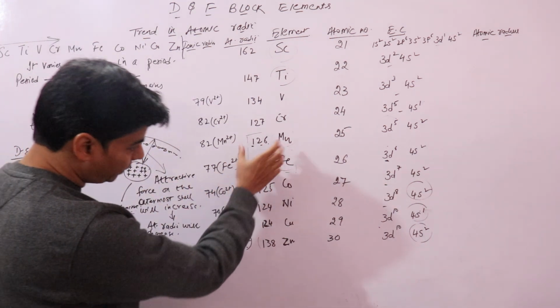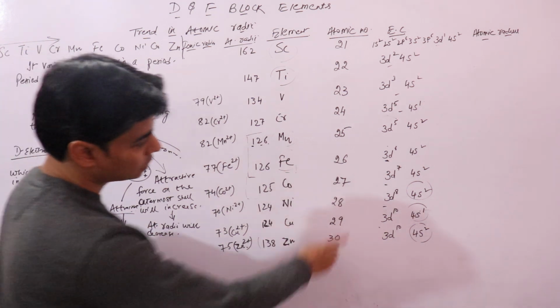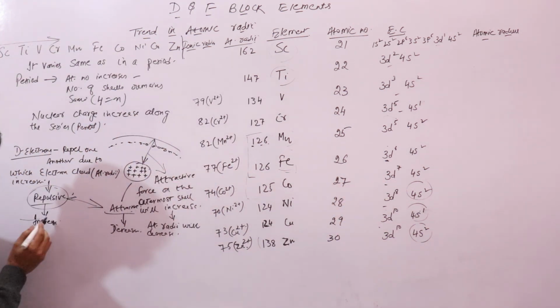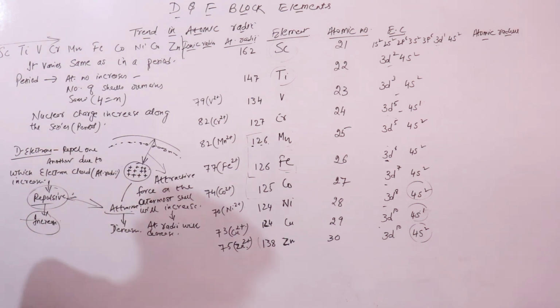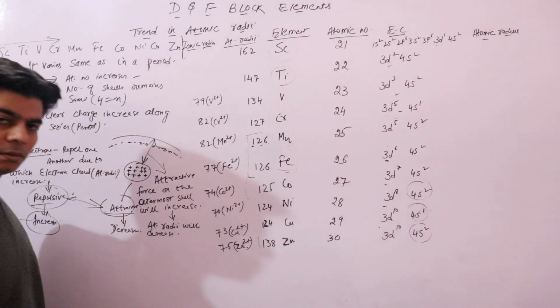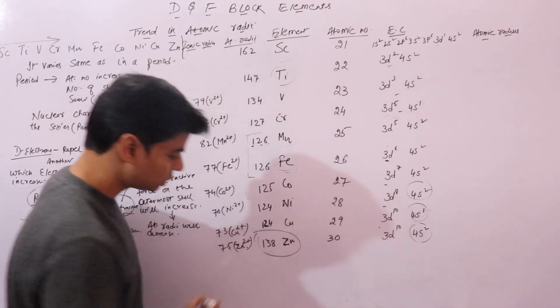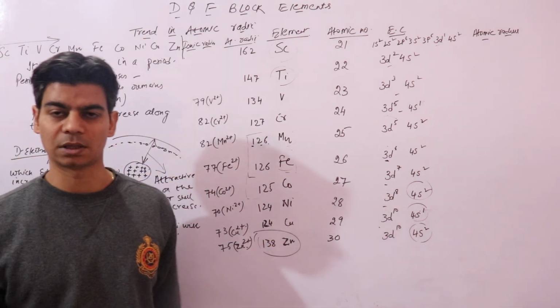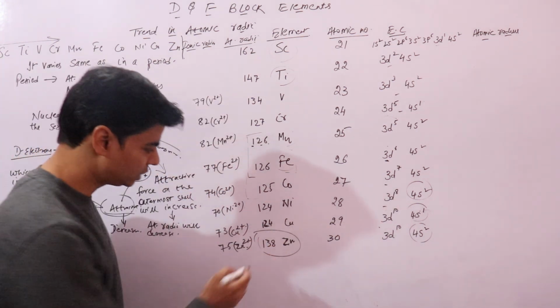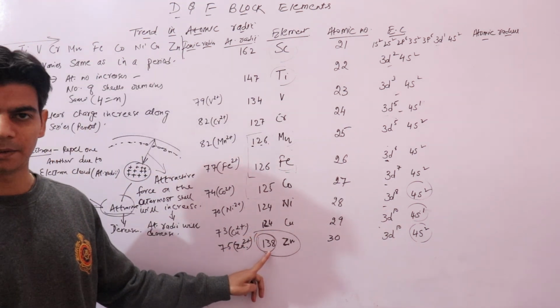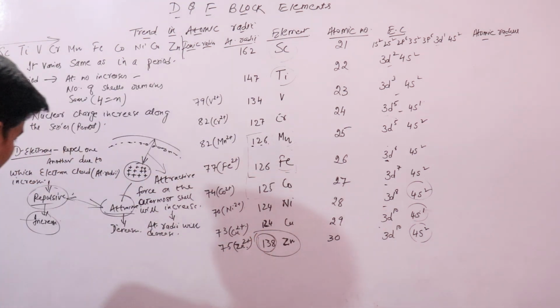Now as you keep coming down, your d electrons will keep increasing, right, and your repulsive force will also keep increasing, and your attractive force will keep decreasing, right? And at the end there is an almost sudden increase in the atomic radii. You can see the atomic radii for zinc has increased to 138. What could be the reason?